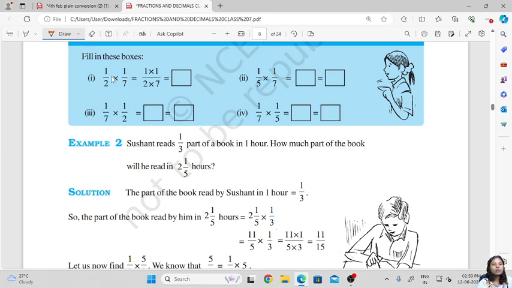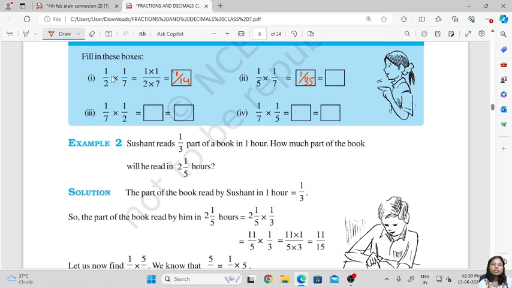So now let's try to fill in these boxes. So 1 into 1, here we have to multiply first two numerators. So 1 into 1 is 1, and then 2 into 7, 7 2s are 14. So 1 by 14. Similarly here we'll get 1 upon 7 5s are 35.